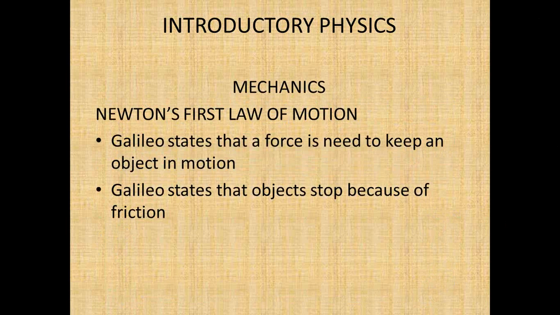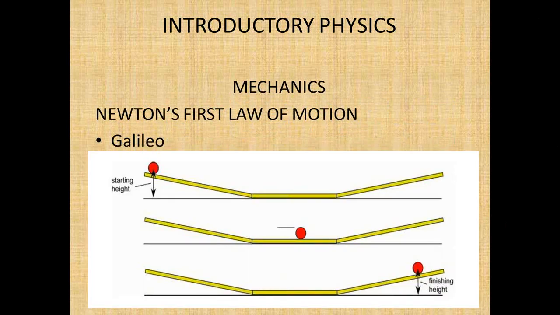And Galileo did a few experiments, and this is one of Galileo's experiments. So he devised some incline. So he had an incline right here and a level surface, and then an incline going up. So an incline going down and an incline going up.